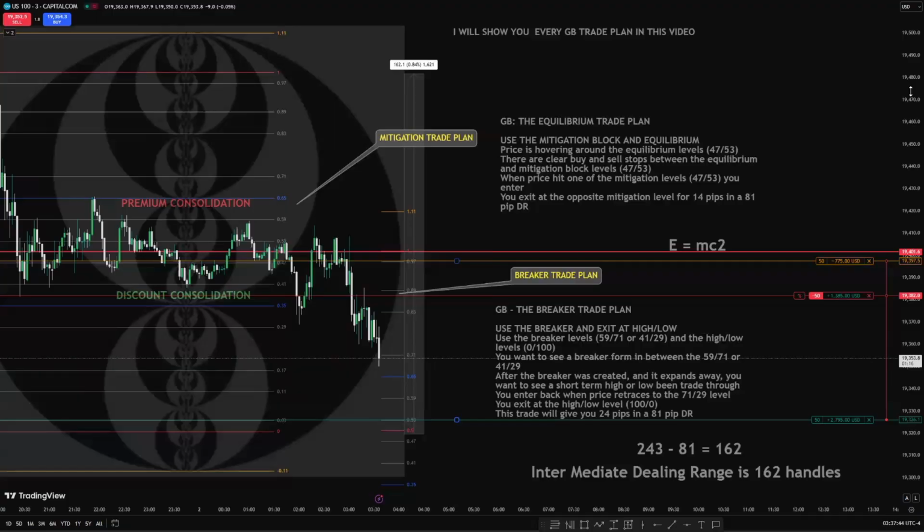Aim for the extreme, either the high or low of the range, which is 100 or 0. This setup gives you a clean 24 pips move within the 81 pip daily PO3 range. It's powerful, guys. That's a powerful play that combines structure, liquidity and timing all in one clean setup.